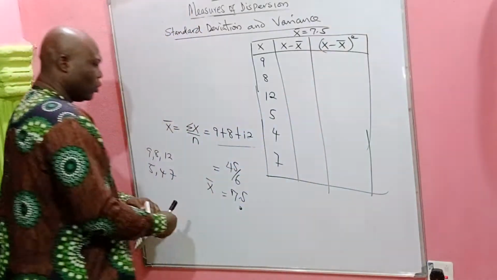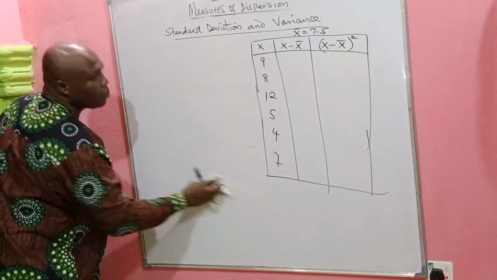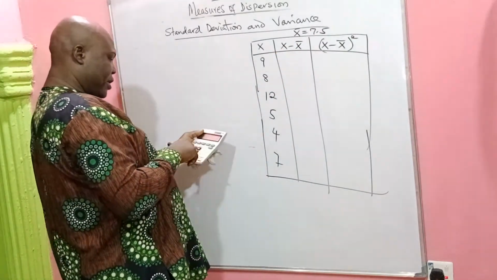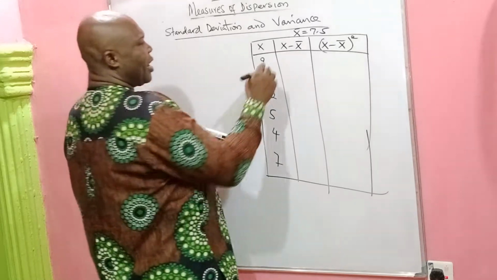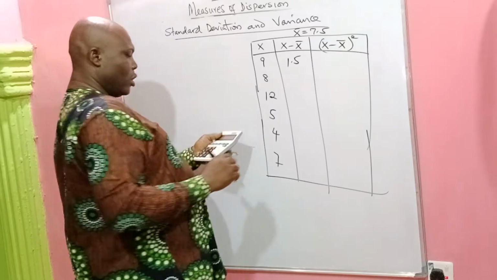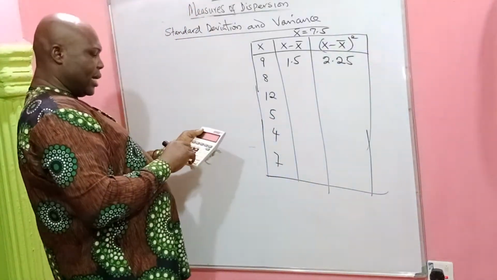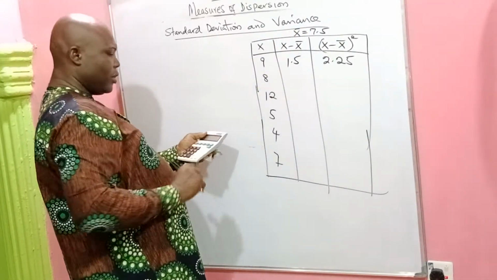We are going to continue from there. 9 minus 7.5 is 1.5. We square 1.5, which gives 2.25. Next, 8 minus 7.5 is 0.5.